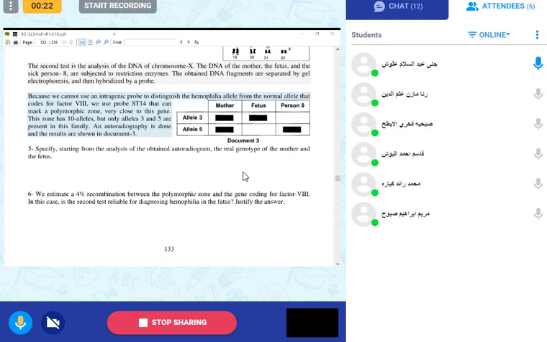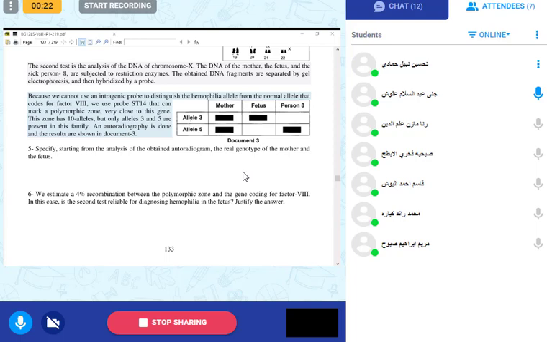Okay. Jana, specify, starting from the analysis of the obtained autoradiogram, the real genotype of the mother and the fetus. Starting from analysis of the obtained autoradiogram, the real genotypes of the mother and the fetus.